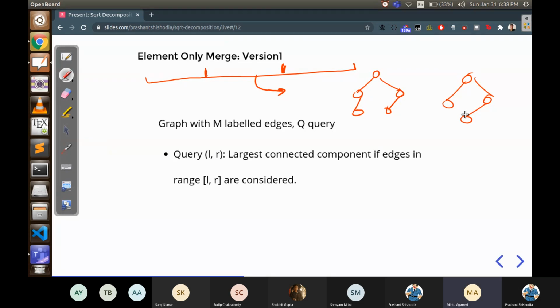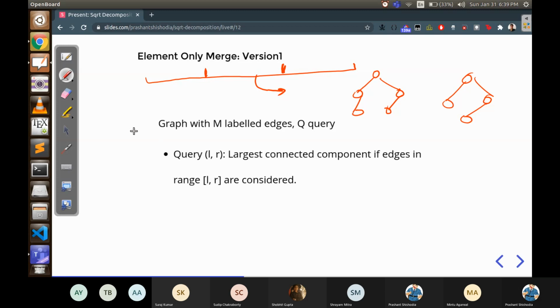We need a DSU kind of structure. But can we? Okay, maybe rollback. I don't think we can do it with rollback.